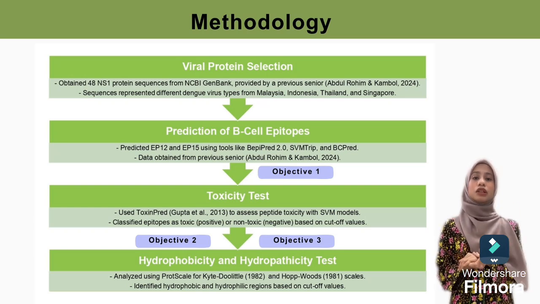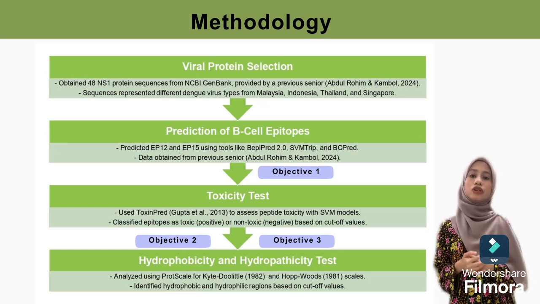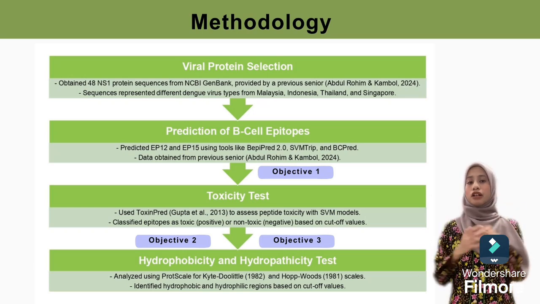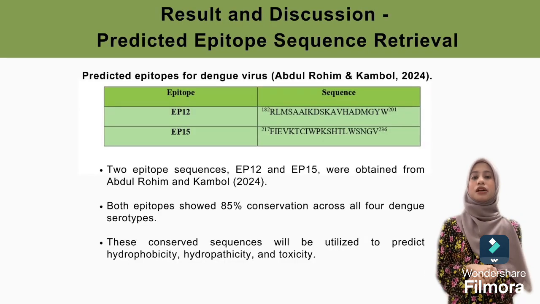Toxicity was tested with ToxinPred, where an SVM score more than 0 is toxic and less than 0 is non-toxic. Hydrophobicity was analyzed using the ProtScale with the Kyte-Doolittle scale, and hydropathicity with the Hopp-Woods scale, also using ProtScale, with cut-off values discussed in the result part. Now, let's move to the result and discussion.